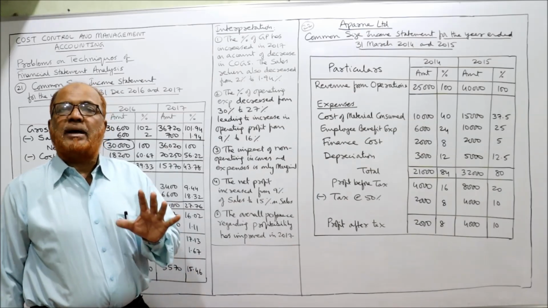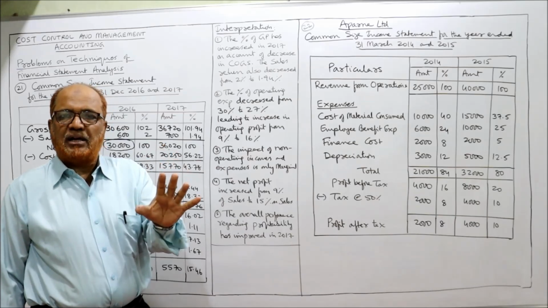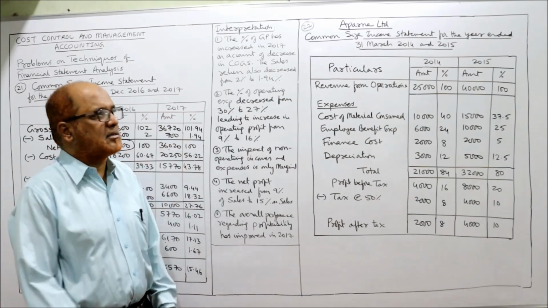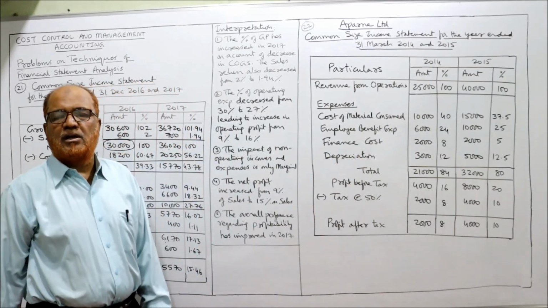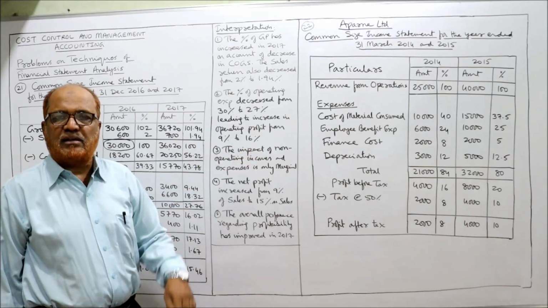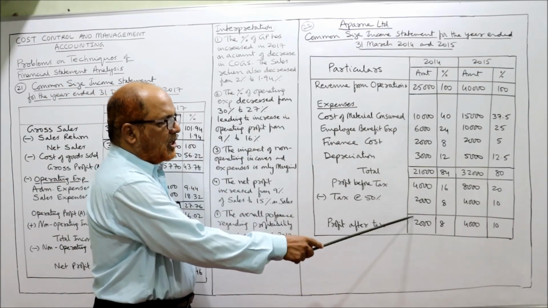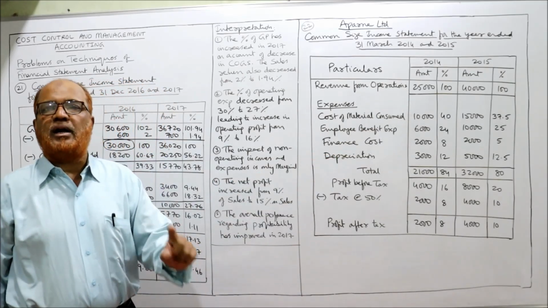Now we have to calculate the percentages. The revenue from operation should be taken as the 100% base. So 25,000 will be treated as 100%. Now express all other items as a percentage of sales. Take all these values in the numerator and in the denominator take 25,000 into 100.